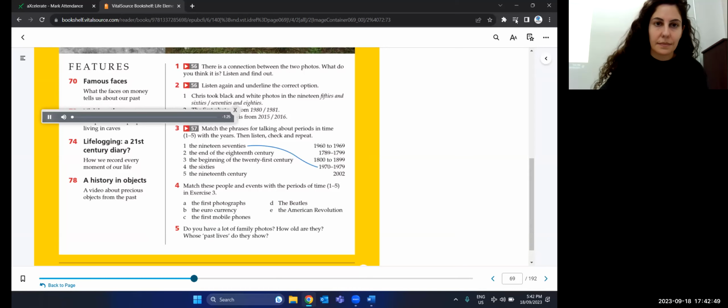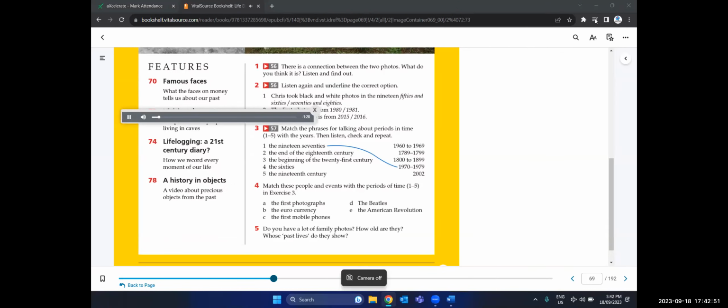Track 57. Unit 6 opener. 1. The 1970s. 1970 to 1979. 2. The end of the 18th century. 1789 to 1799. 3.